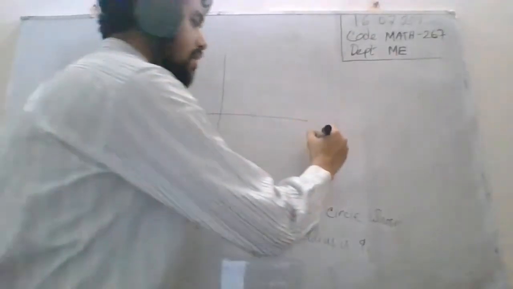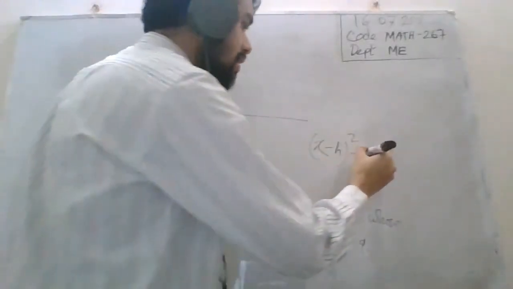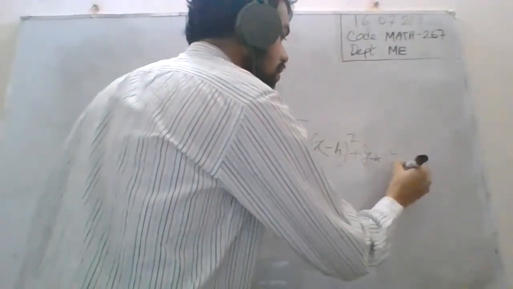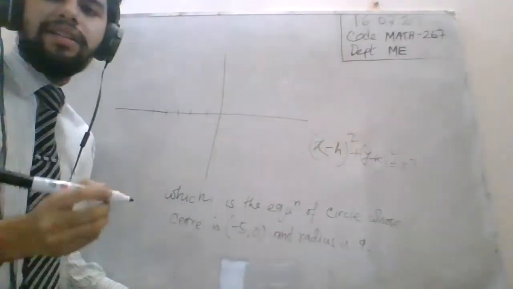Which is the equation of the circle, the general form of the circle: (x - h) square plus (y - k) square is equal to r square. So r here is 4.